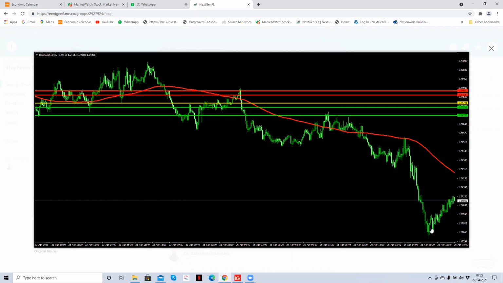Yesterday there was no economic announcement, no earth-shattering news, nothing happened to shake the market, whereas it just dropped. So crazy things can happen for no reason.